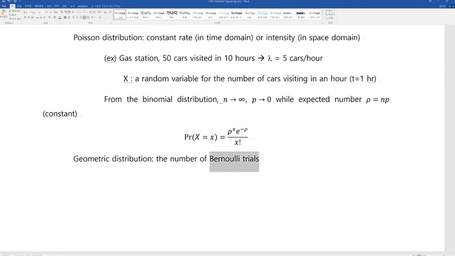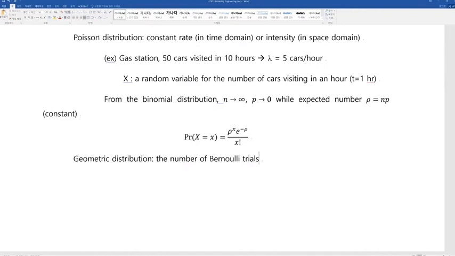A Bernoulli trial is a trial that has only two outcomes, success or failure. And it is assumed that we do that trial again and again until we eventually see the success event.